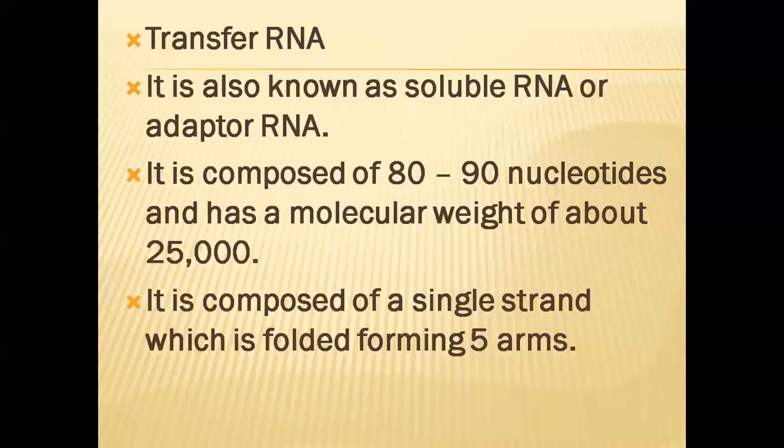The third type of RNA is transfer RNA, in short tRNA. It is also known as soluble RNA or adapter RNA. It constitutes 15% of the total RNA of the cell.